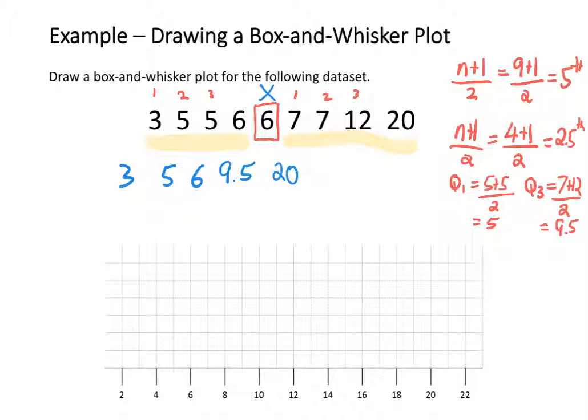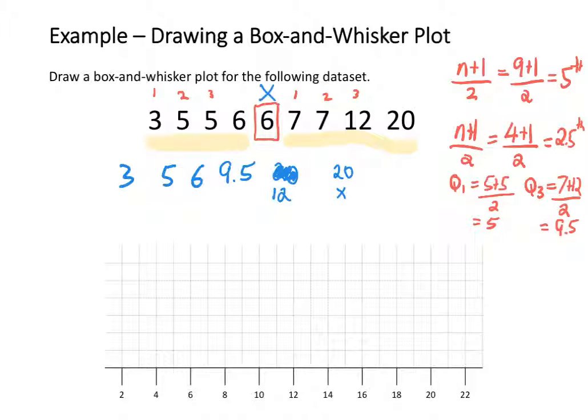But when I have a look at my data set, I can see that 20 is an outlier to the rest of the data. The next smallest number after 20 is 12. So when I'm drawing my box and whisker plot, the whisker isn't going to go to 20, it's going to go to 12. And then I'm going to put a cross at 20 to let the user of the box and whisker plot know that there was an outlier.